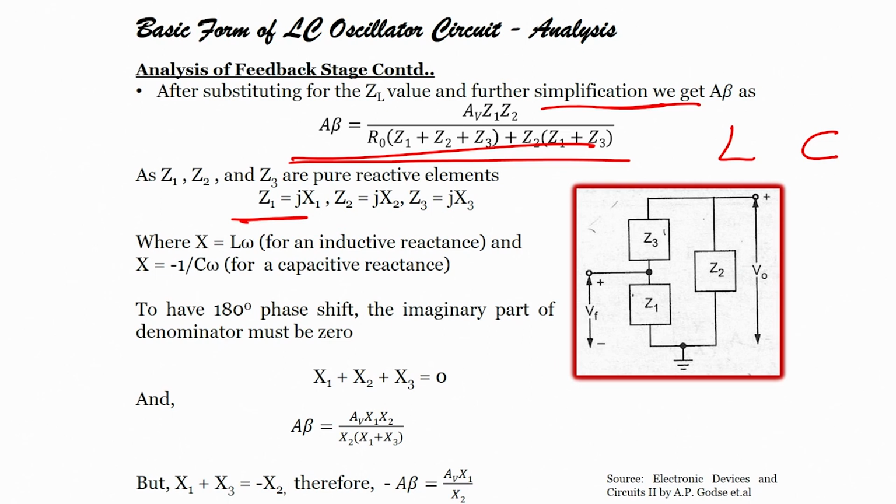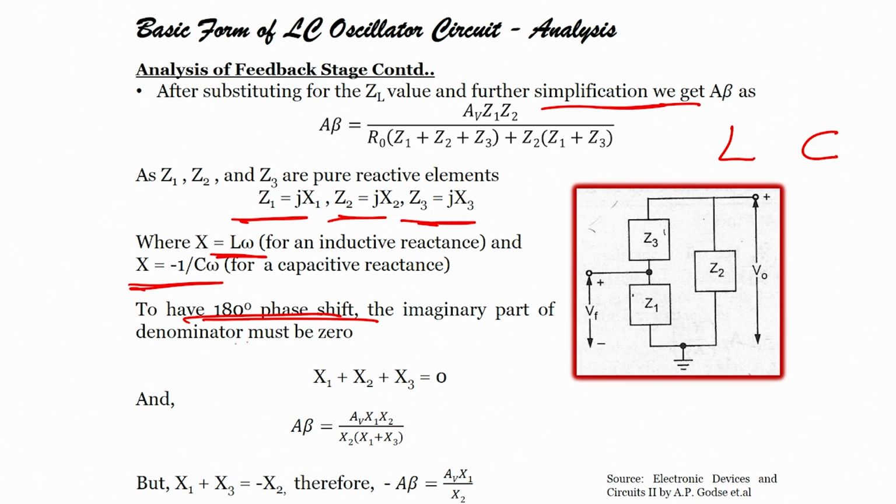So, Z1 is j omega x1, Z2 is j omega x2, Z3 is j omega x3, where x is nothing but omega L, or x can be minus 1 by omega C for capacitive reactance; for inductance we know it is omega L. So, to have a phase shift of 180 degrees, the imaginary part of the denominator must be 0, right. If the imaginary part of the denominator is 0, then we can have x1 plus x2 plus x3 equals 0, right, and A beta is the value which is here.